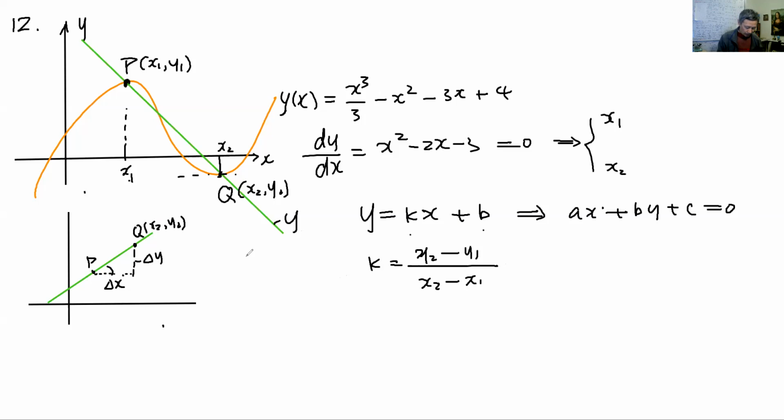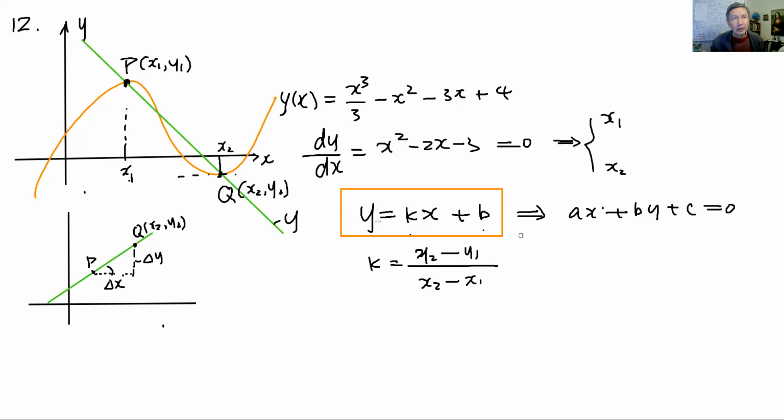That is how to determine the gradient. But how to determine the final constant? Just let x equal to 0 and put it into this equation. Once you're dealing with a straight line, you don't have to use the original equation, so you use this one. You let x equal to 0, but you don't know y.